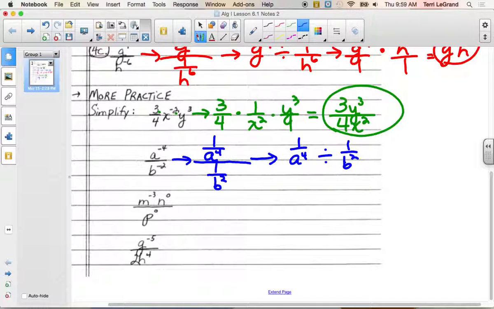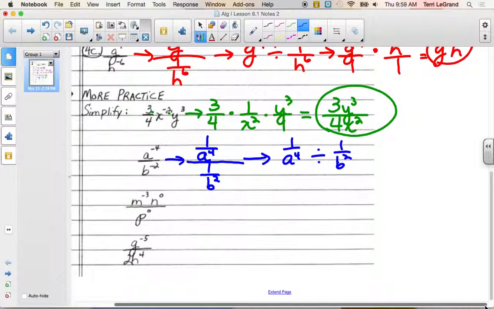And now we change it to multiply by the reciprocal. So 1 over a to the 4th times b squared over 1. And the final answer is b squared over a to the 4th.